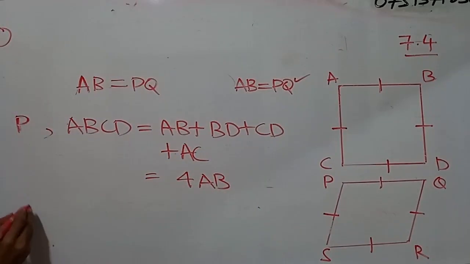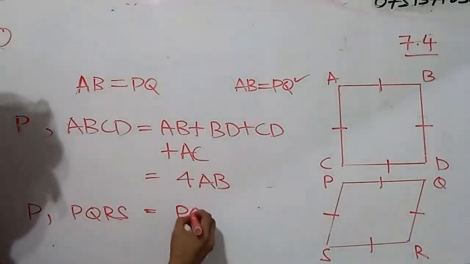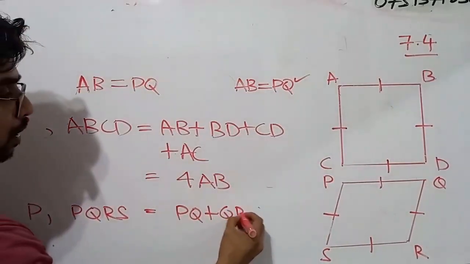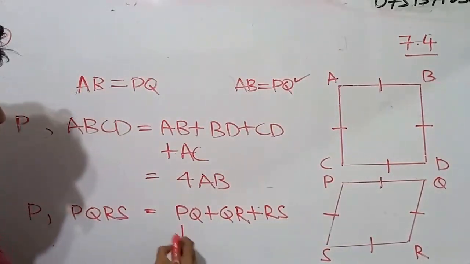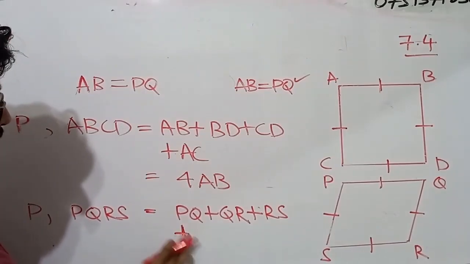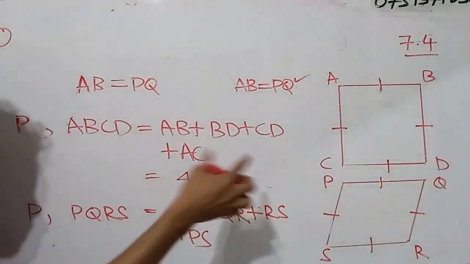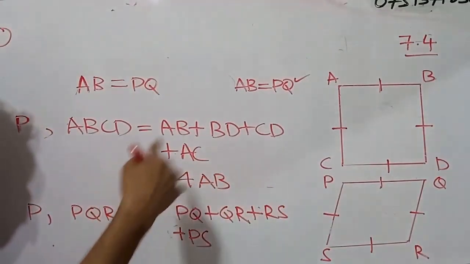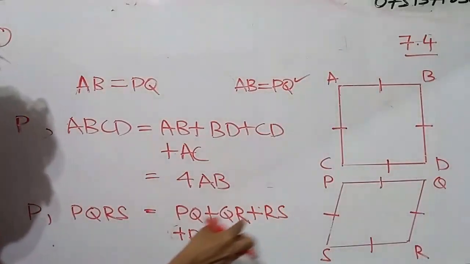Right? Then the perimeter of the PQRS rhombus. The same thing. So I can write PQ plus QR plus RS plus PS. In the same manner, since in the rhombus all the sides are equal in length, PQ plus PQ plus PQ plus PQ.